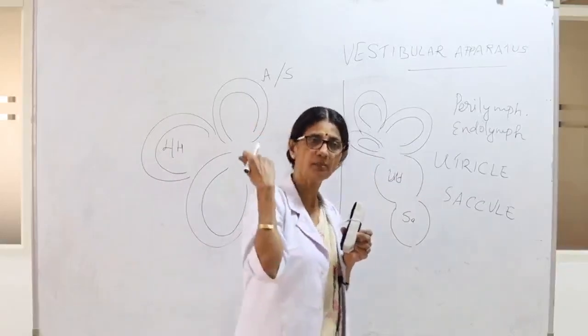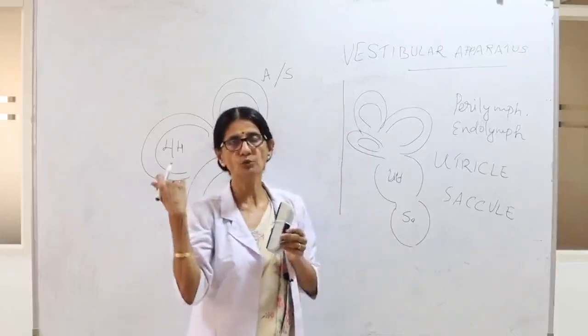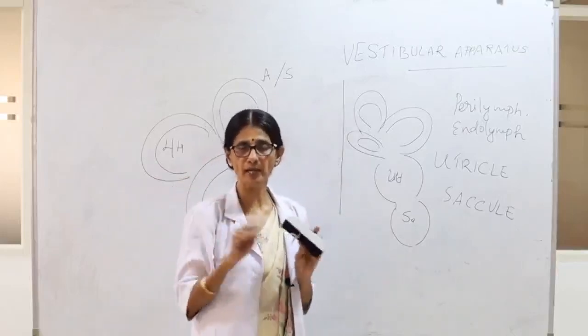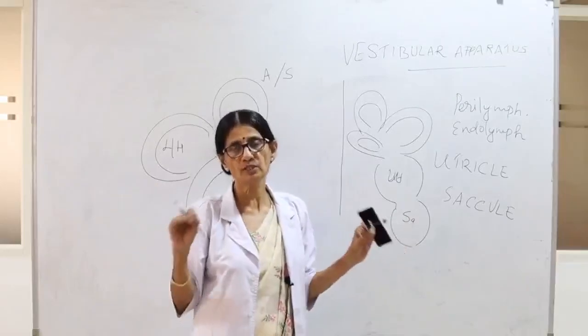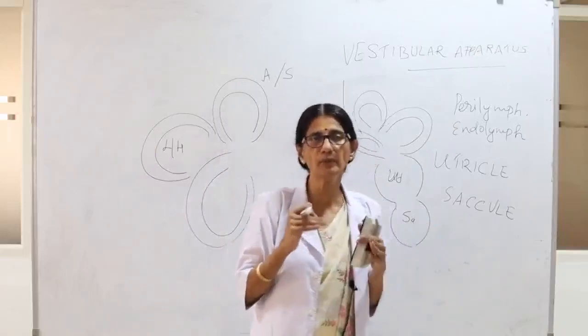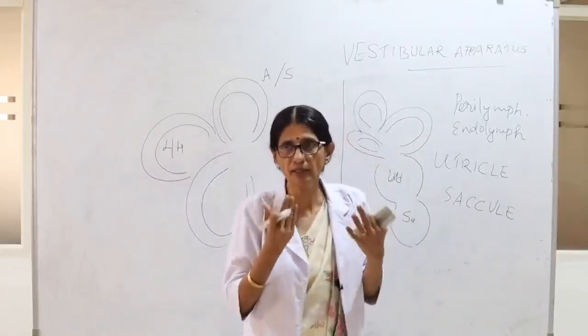The posterior canal similarly will be directed outward and posteriorly. And the horizontal or lateral canal will be lying parallel to the ground. This is how these canals are oriented when a person inclines the head 30 degrees forward.